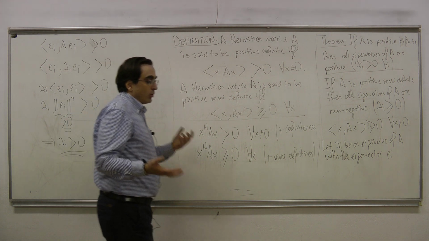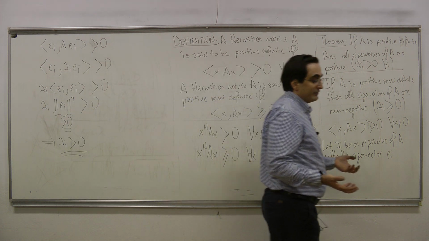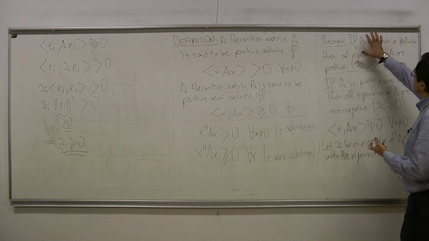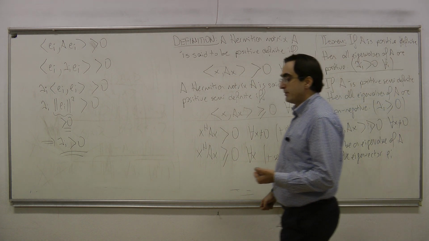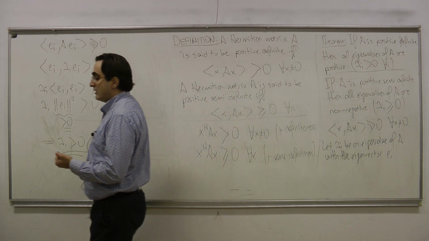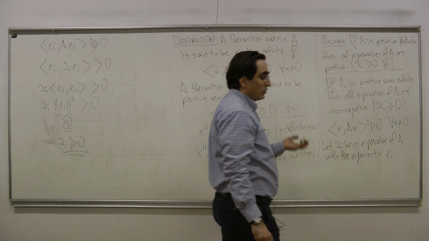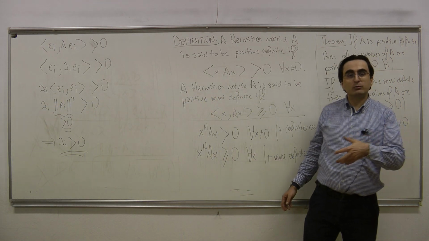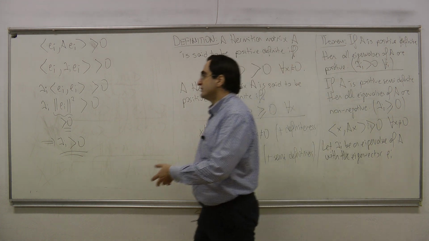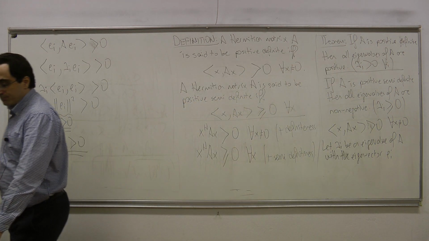So here we can talk about the positiveness of the eigenvalues because the matrix A is a Hermitian matrix, and all of its eigenvalues are actually real quantities. So we can talk about their minimum and maximum, their positiveness or negativeness, etc.